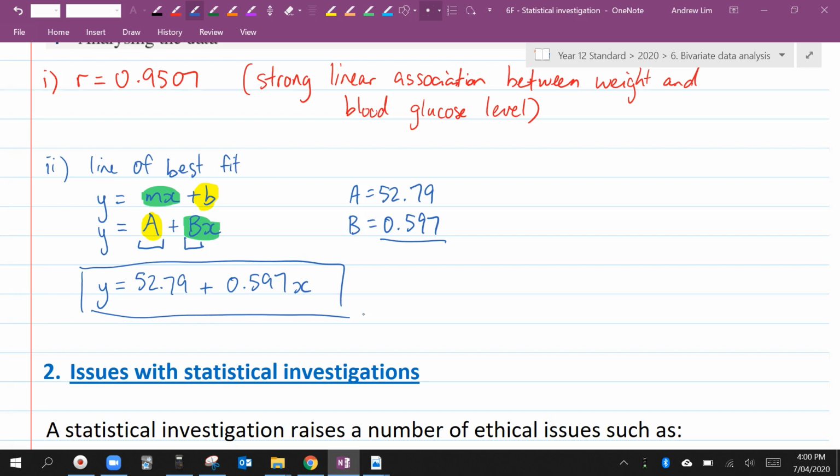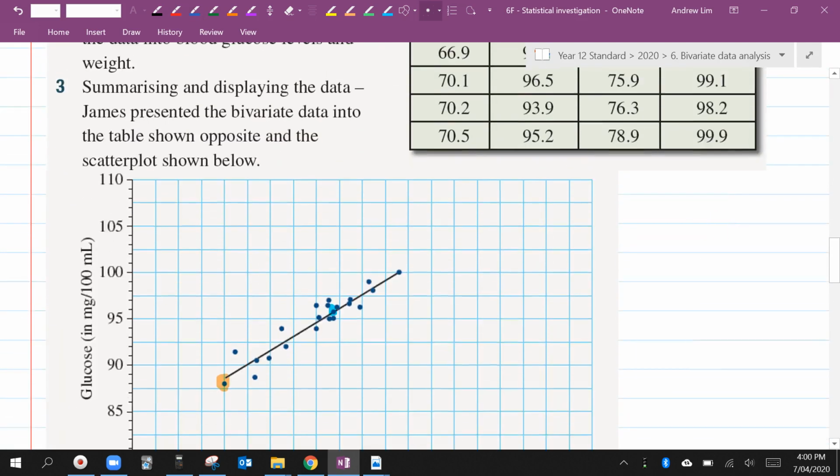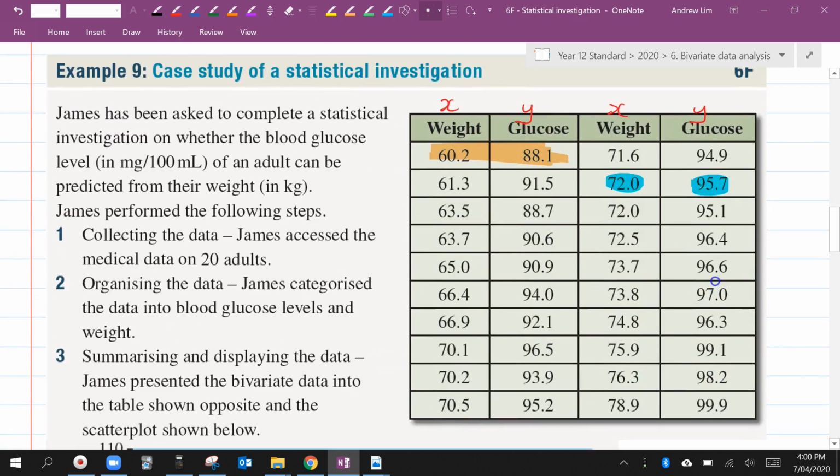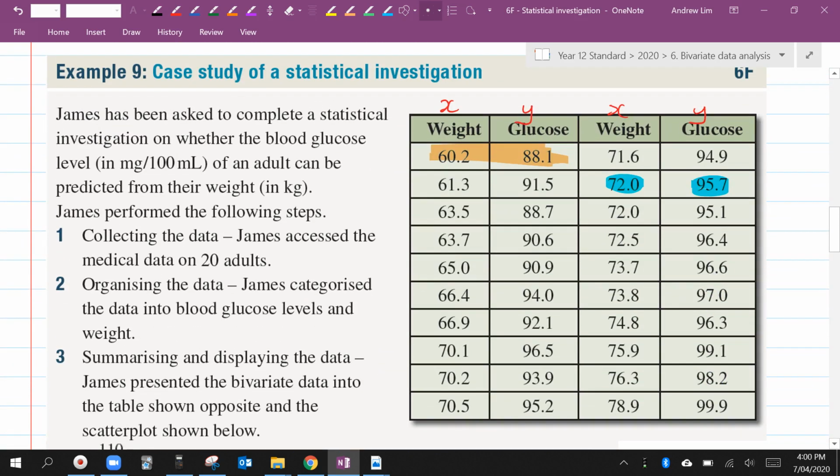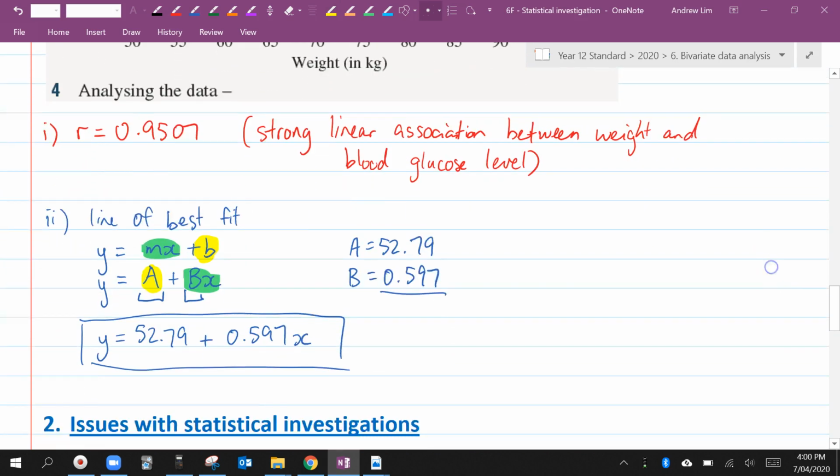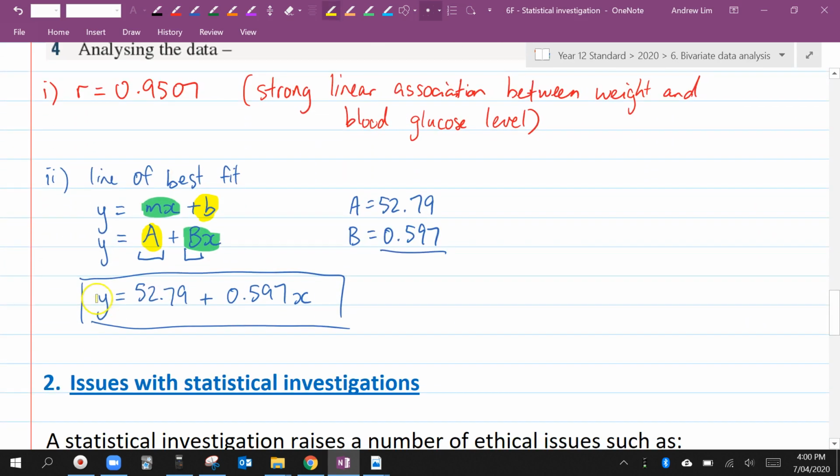So if we go back to the original question, what he was doing his statistical investigation on, it was to determine whether the blood glucose level of an adult can be predicted from their weight. Well, because we have this equation, it can be predicted.